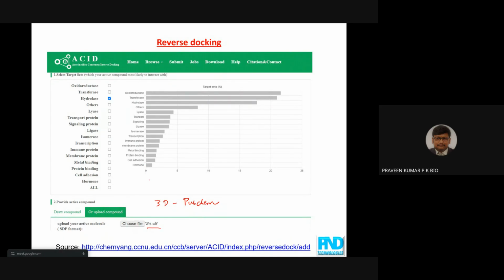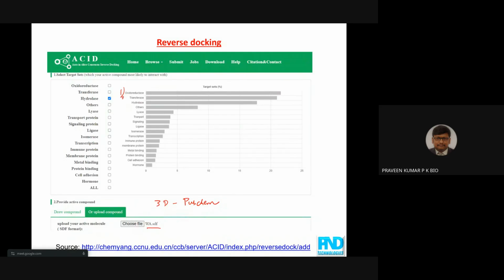The compound I have uploaded is a best oxidoreductase inhibitor. So according to target deconvolution, how can we conclude the result? This is the output we have received. Oxidoreductase, you can see, is being targeted at more than 20%.